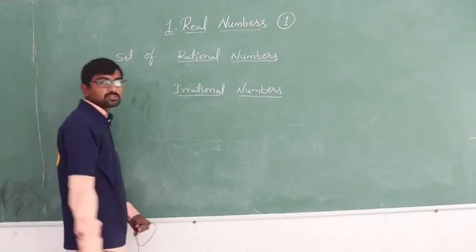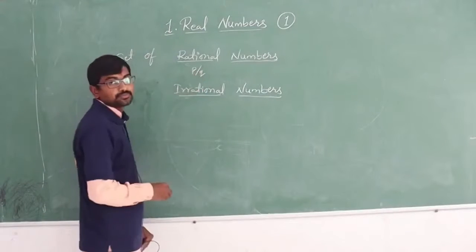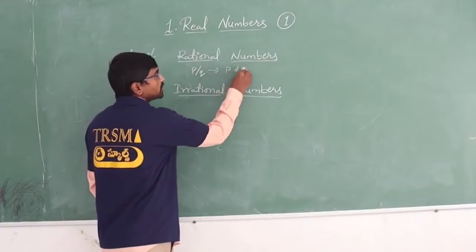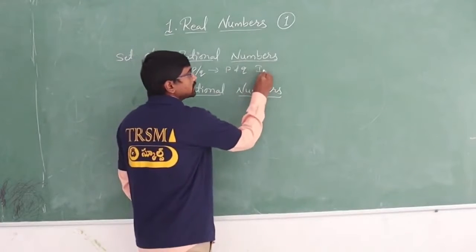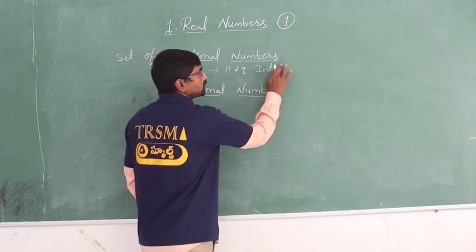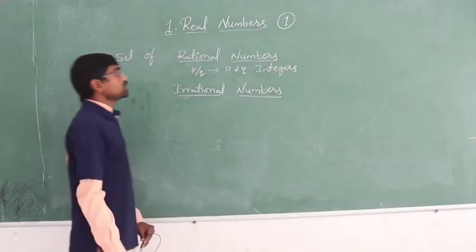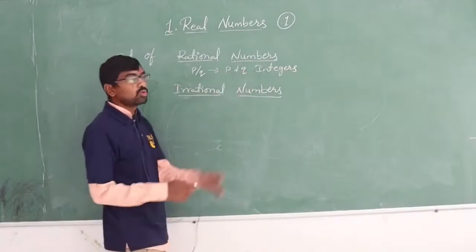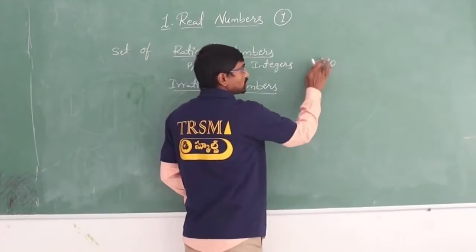So what are rational numbers? The numbers which can be written in the form of p by q, where p and q are both integers, and q should not be equal to 0.